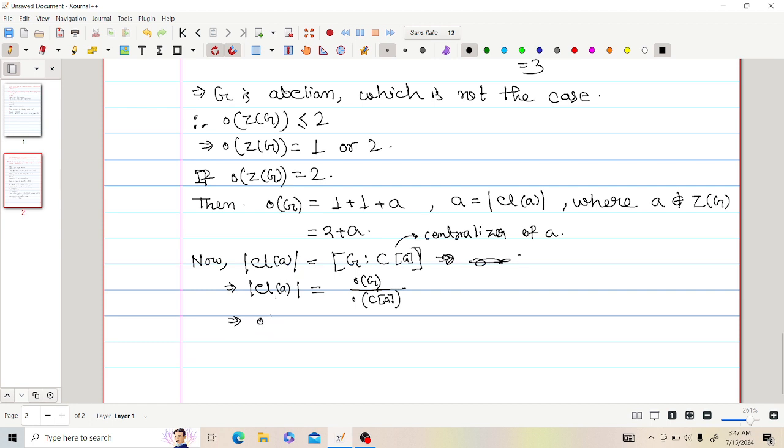This implies the order of G is equal to the number of elements in the class of a times the order of C(a). So what we get, and this is easy, you know this: the class of a divides the order of G.